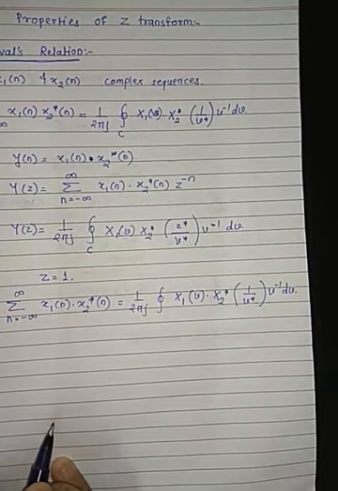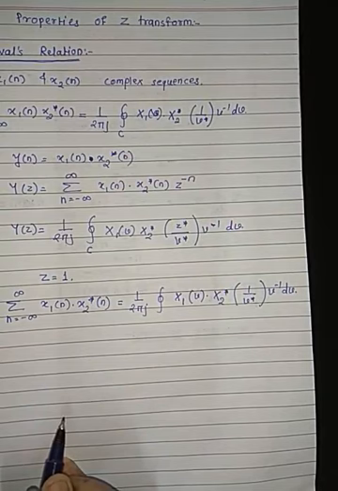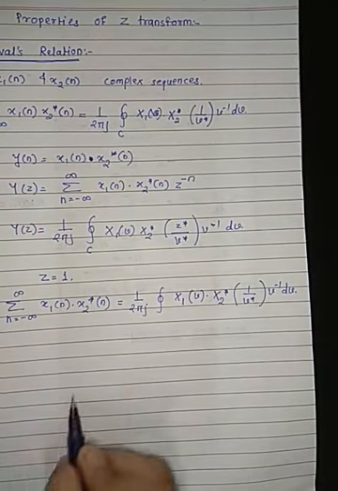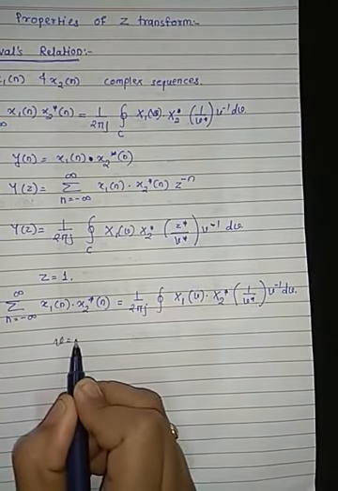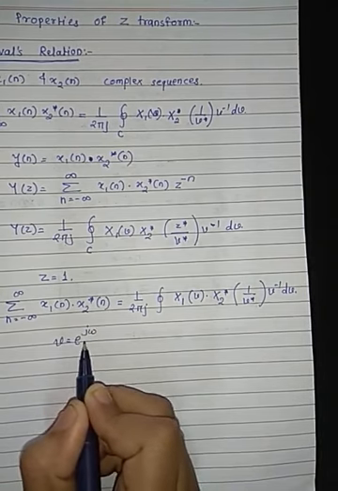Now, if x1 of z and x2 of z both converge on the unit circle, we can choose v is equivalent to e raised to j omega.